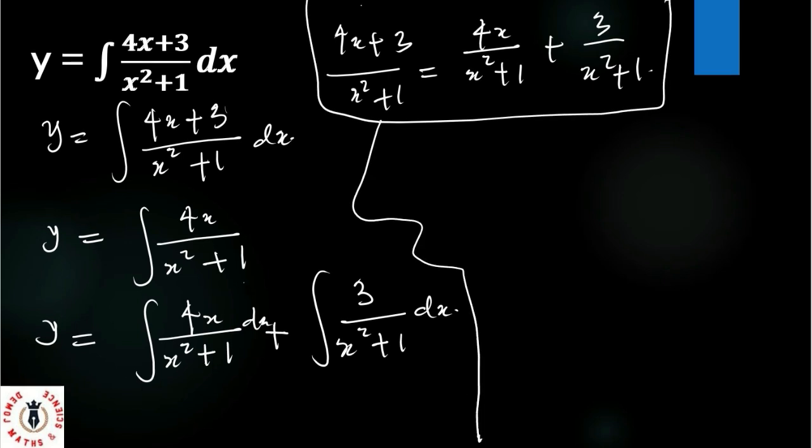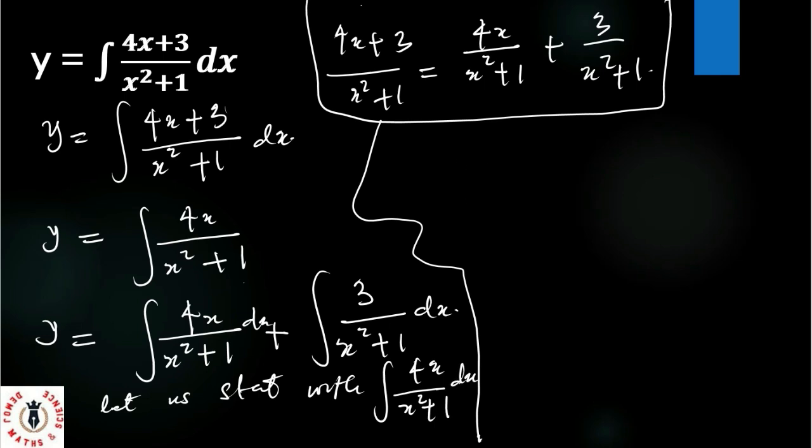Now for the first part, like I said in the beginning, we'll be using the substitution method and also standard formulas. Let's start with the integral of 4x over x squared plus 1.